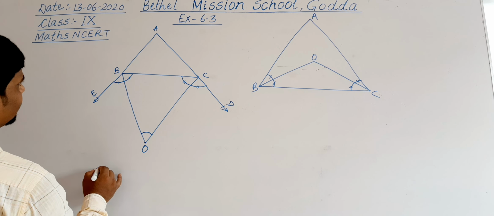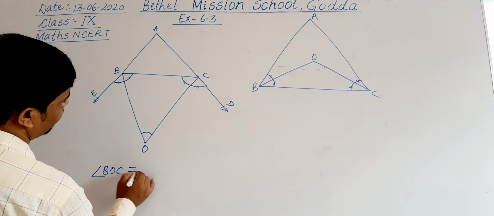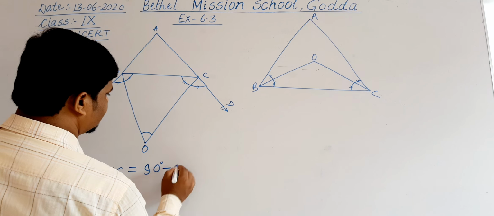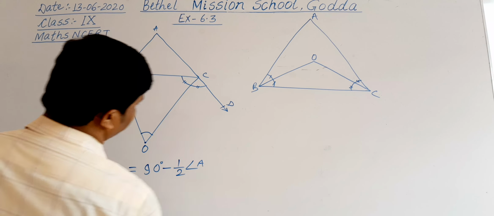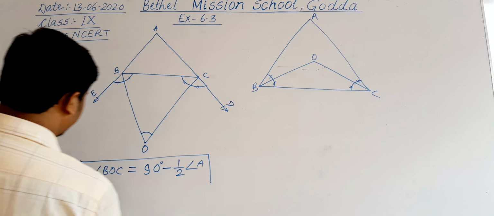The value of angle BOC will be equal to 90 degrees minus half of angle A. So this is the property you have to remember. Okay?